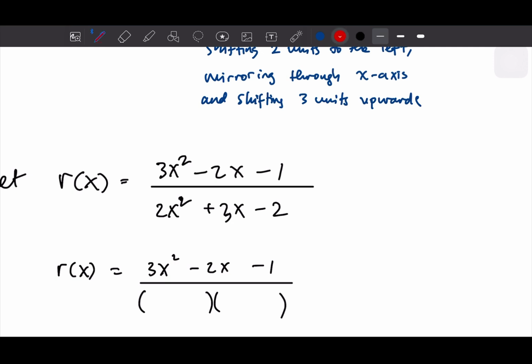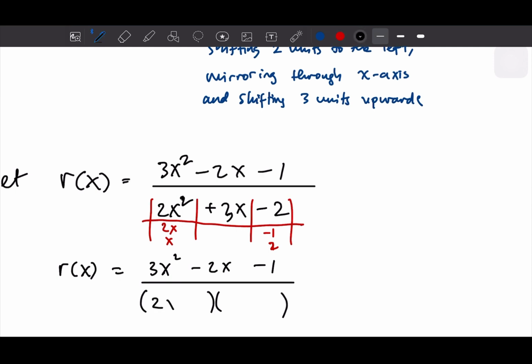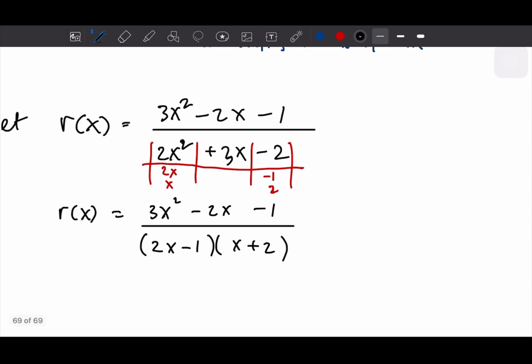To factor, we could try my method here. So 2x, x, and then maybe this will be 1 or 2. This is -1, and that's true, right? So 2x minus 1 and x plus 2. So we have, for now, that x equal half and x equal -2.